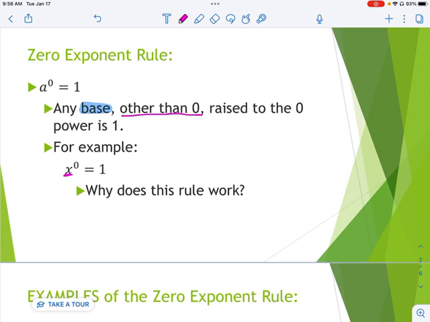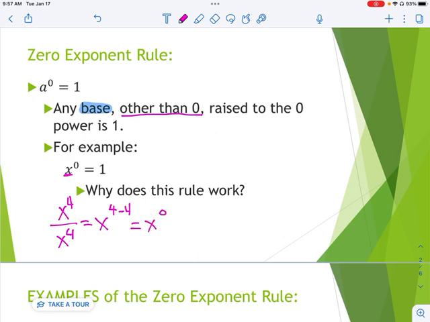Now, the question is, why does this work? Well, in order to explain that to you, we're going to go back to two different things. The first one that I'm going to go back to is the division rule. Remember, the division rule of exponents simply says you take the base x and you raise it to the 4 minus 4, which in turn would give you x to the 0.